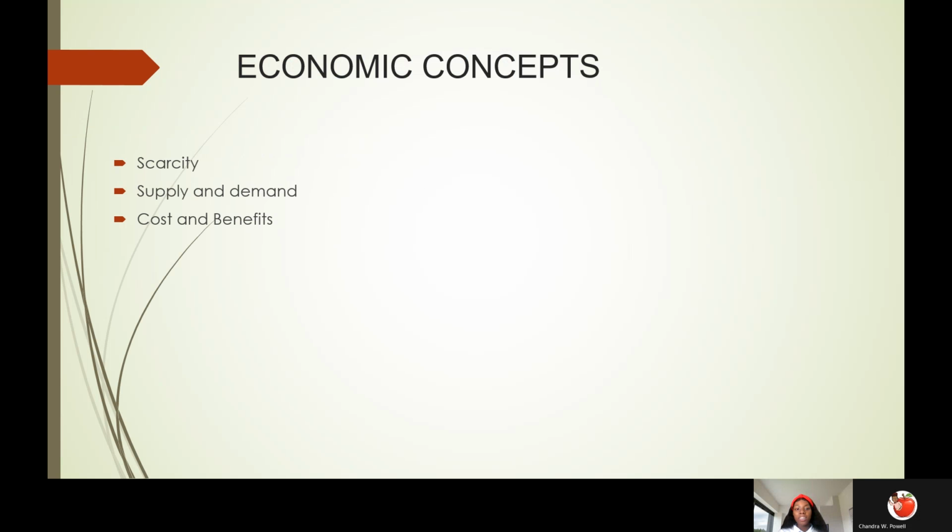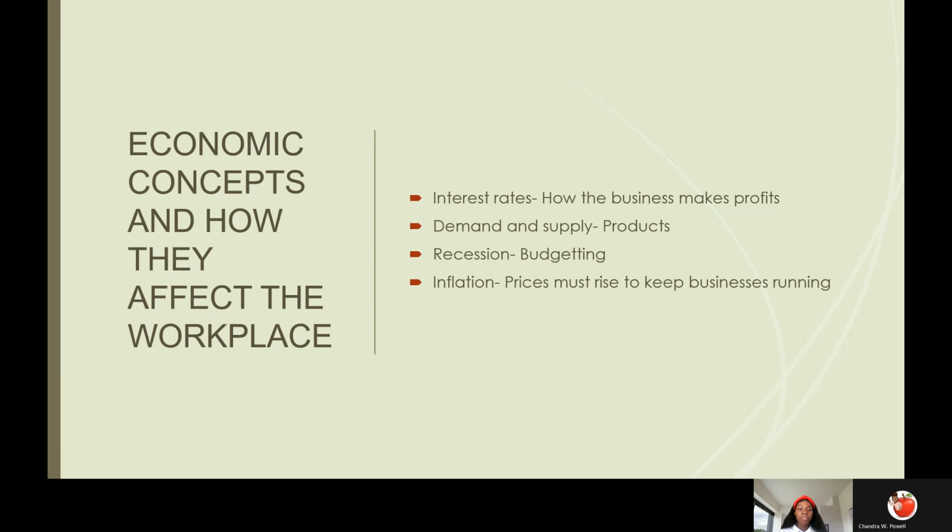Some economic concepts are supply and demand, costs and benefits, and scarcity. How economic concepts affect the workplace. Interest rates: this is what helps the business make profits.